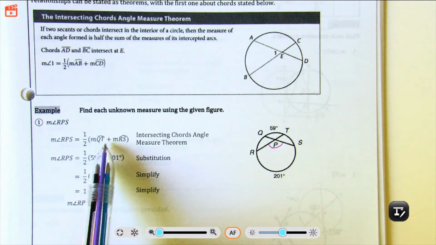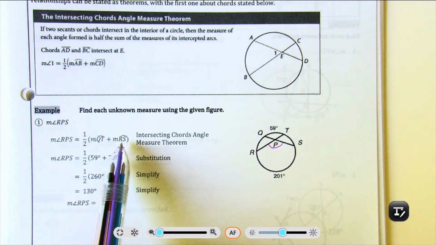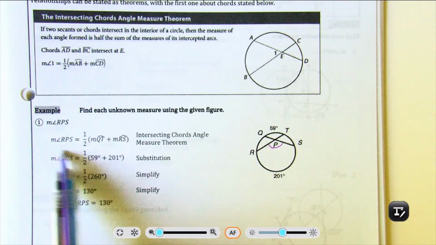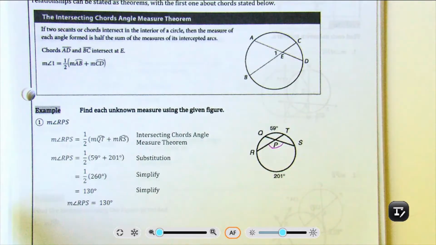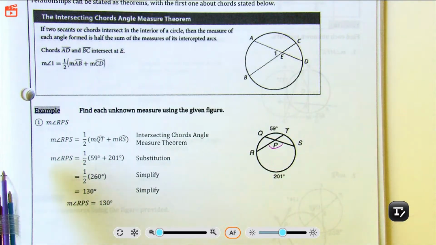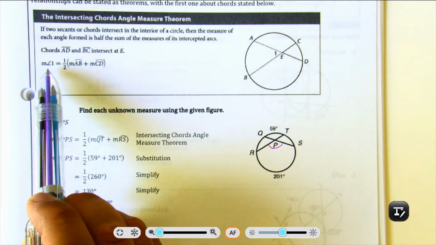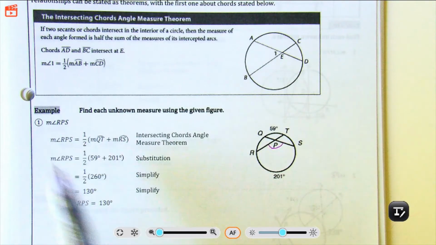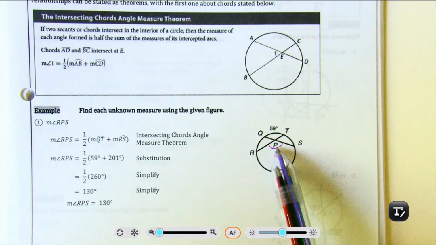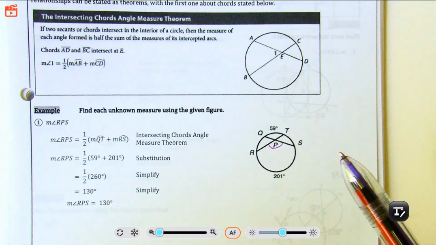Now let's look at this formula and let's look at the theorem formula. Notice the similarities and differences. One being that you're not always going to have the measure of angle 1 to solve for. In this problem you have the measure of angle RPS, but this is the angle that is formed by the two intersecting chords, so we can use this.